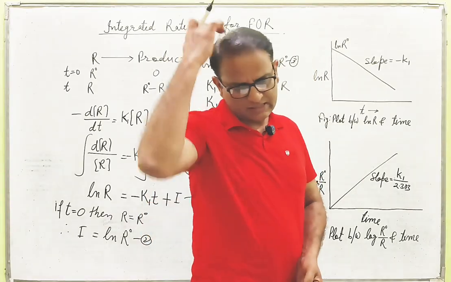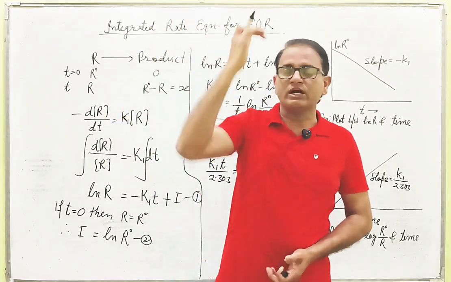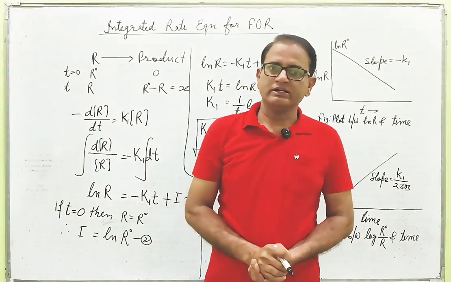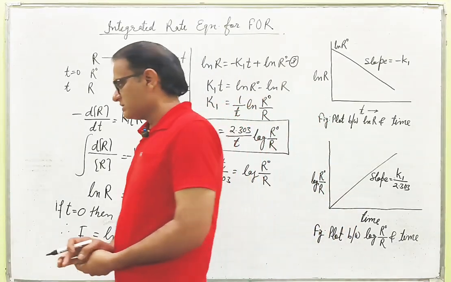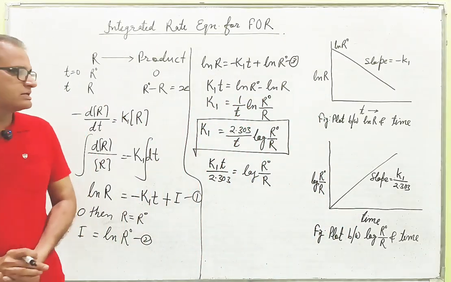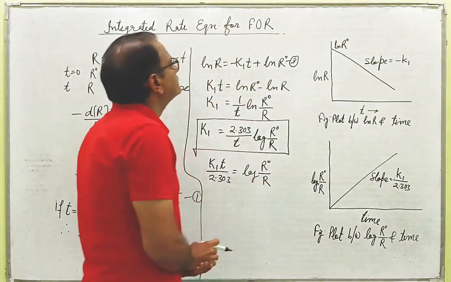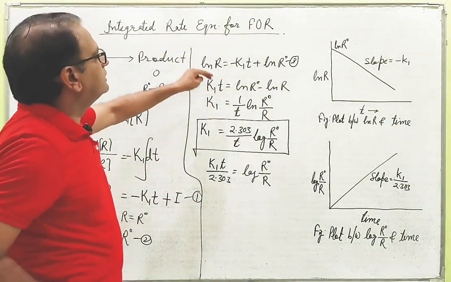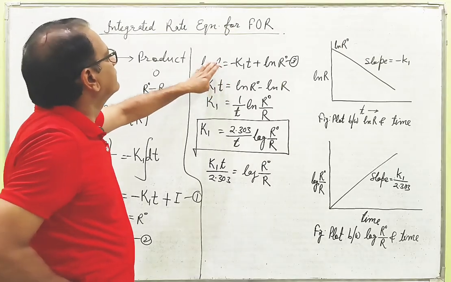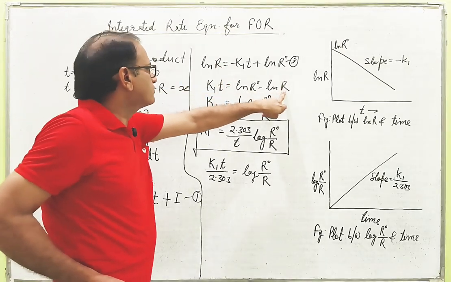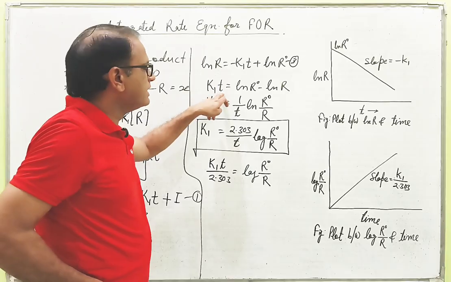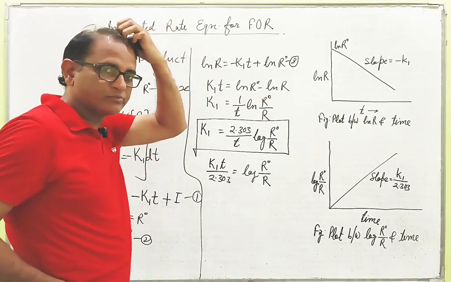Now say we are taking 2 time intervals, and at the 2 time intervals we are considering the concentration of reactant as R1 and R2. Say here, this is R1 at time T1 and R2 at time T2.